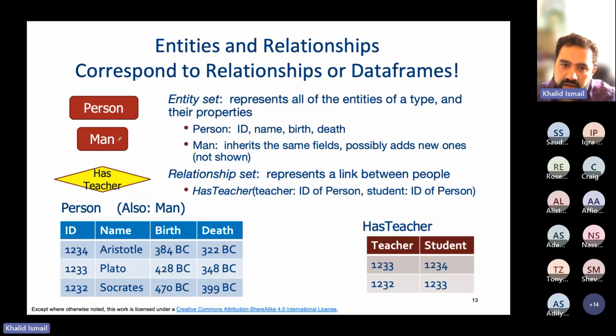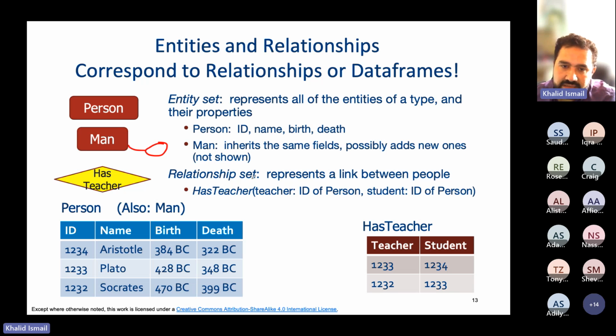And we have man here, which inherits exactly the same fields and can possibly add its own, which is not shown here. So if we have these 4 properties, the man has his own properties, which are specialized to the man in this case.